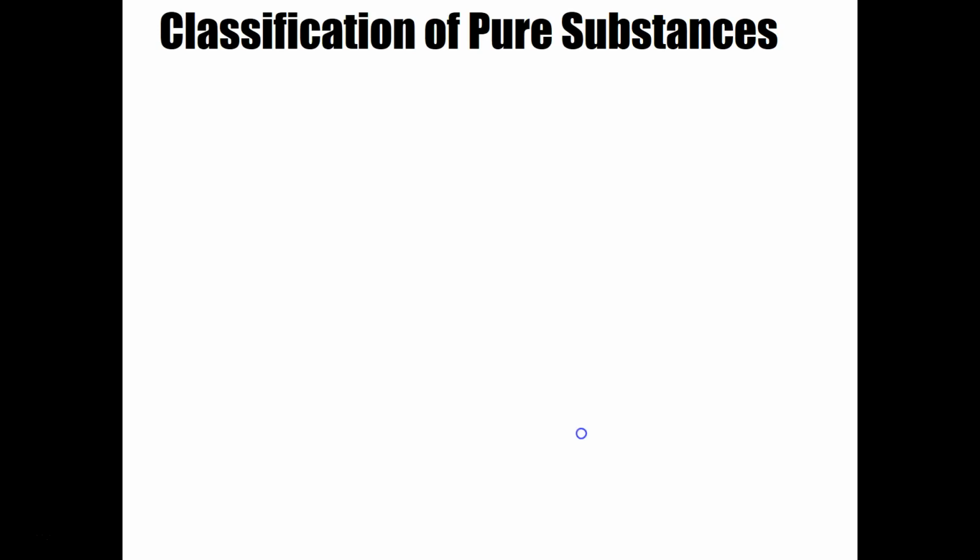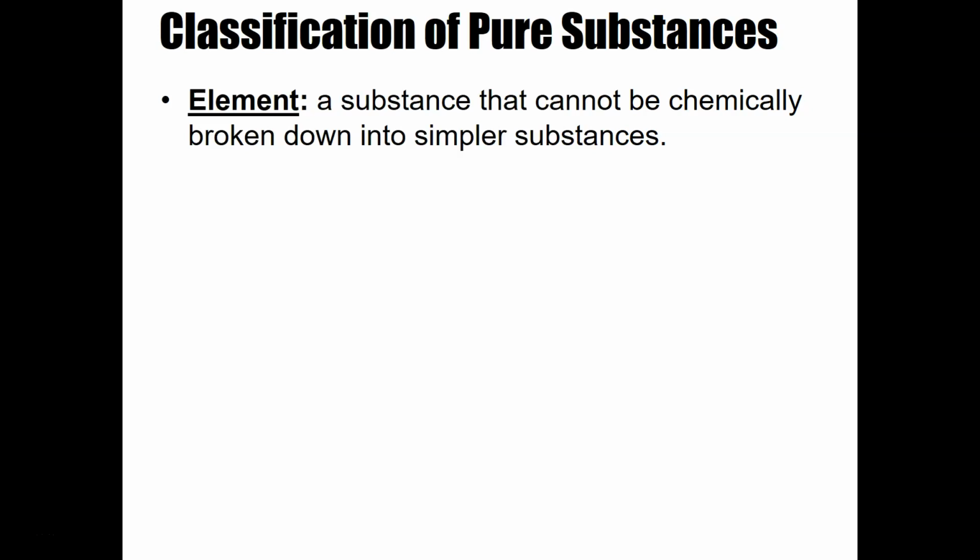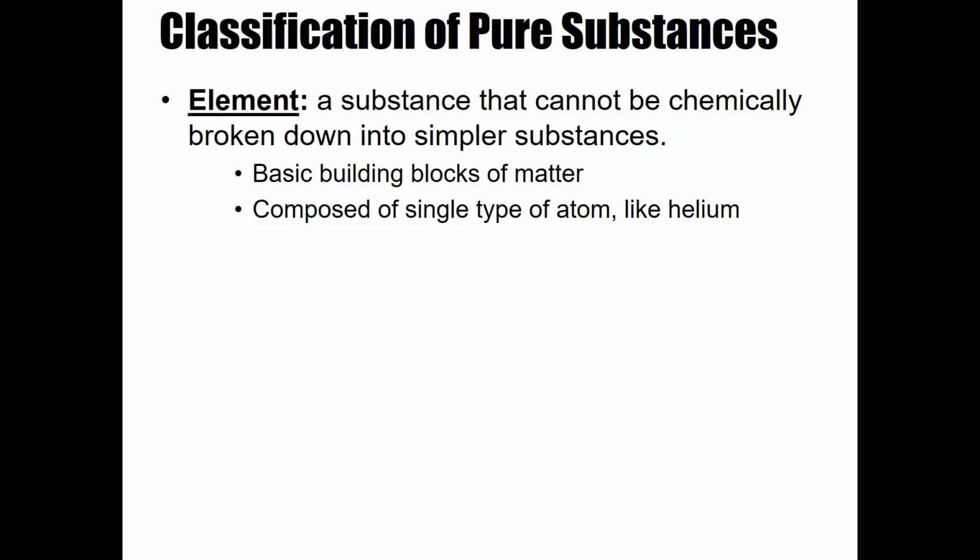Pure substances can either be an element. An element's as simple as it gets. It's like a single type of atom. You might have a lot of the atoms there, but you only have one type. One type of atom would be a pure element.